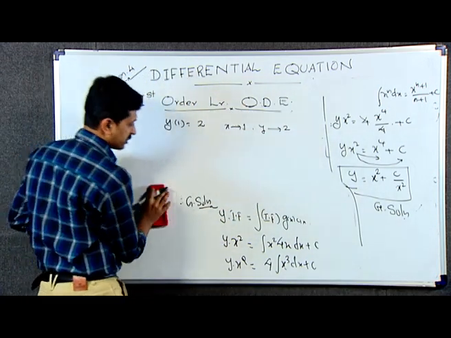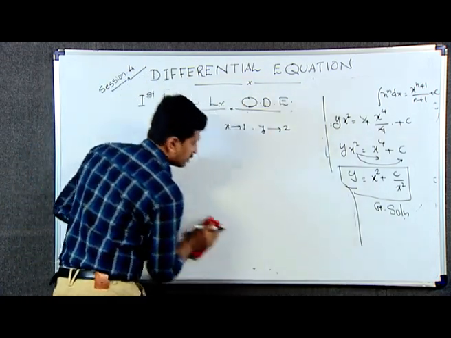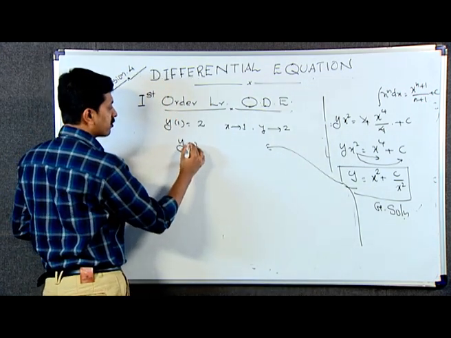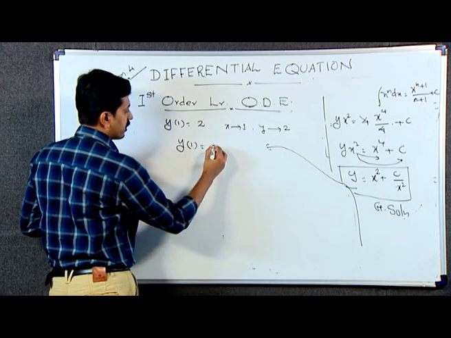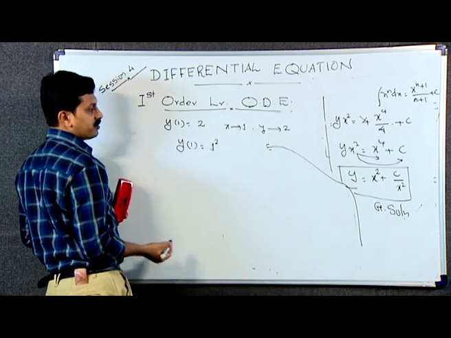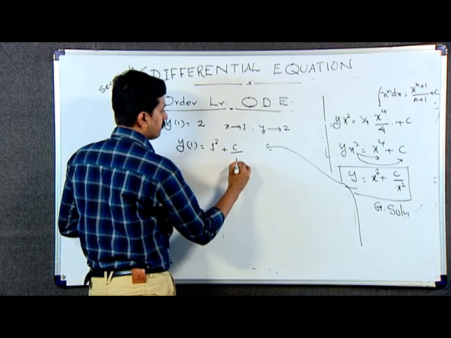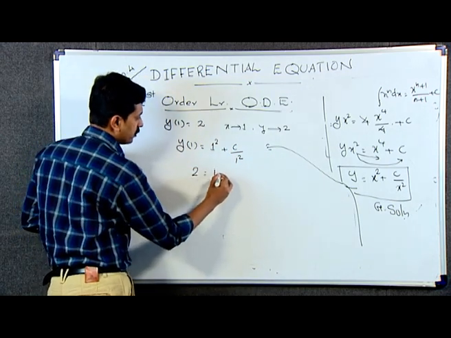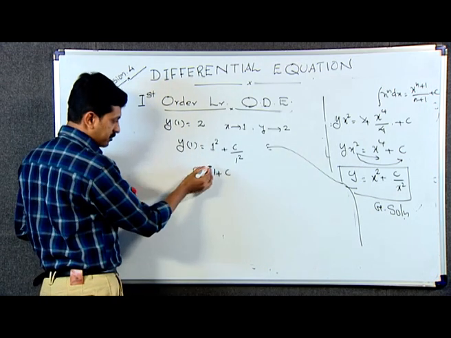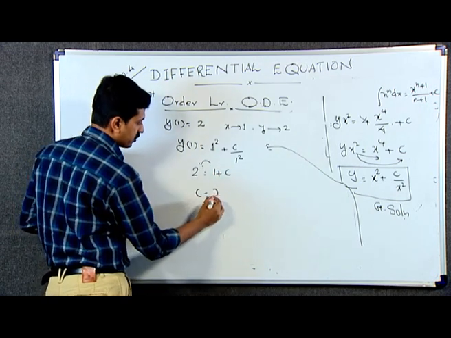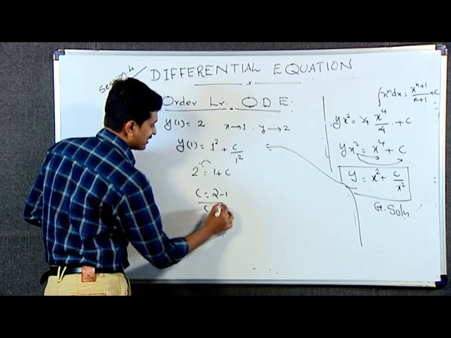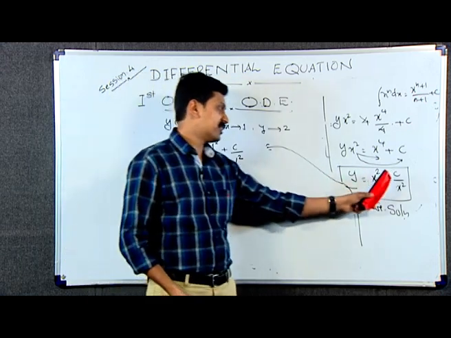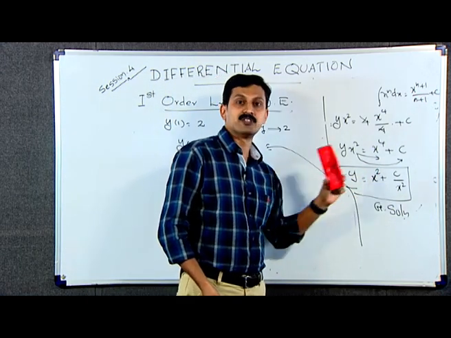So we can replace in the general solution. Therefore, y of 1 is equal to 1 square plus c divided by 1 square. Y of 1 is equal to 2, therefore 2 is equal to 1 plus c. Taking this 1 to the other side, c is equal to 2 minus 1, so c is equal to 1. Now we found the value of the arbitrary constant.